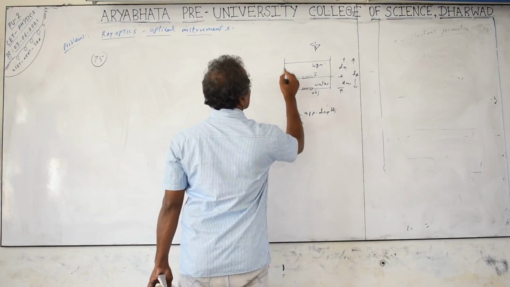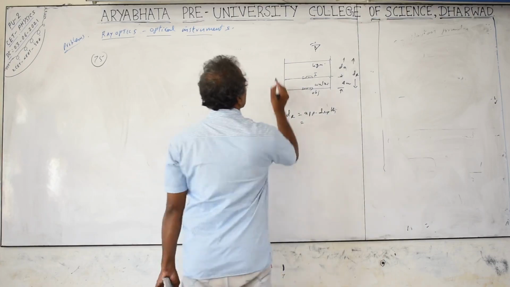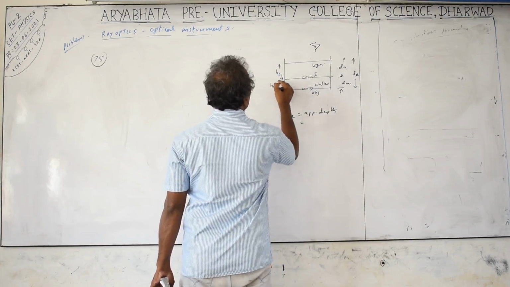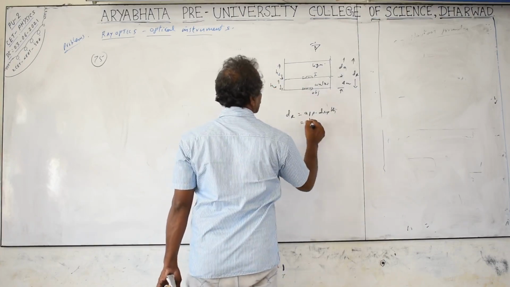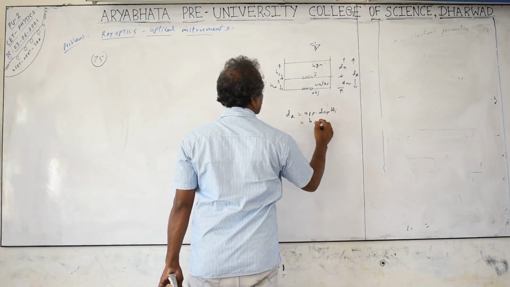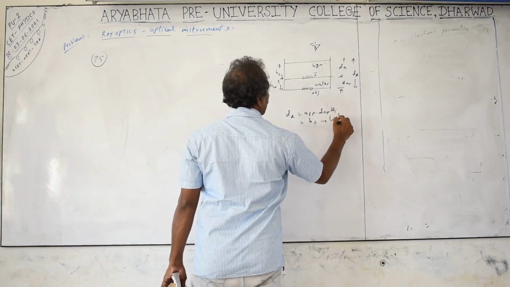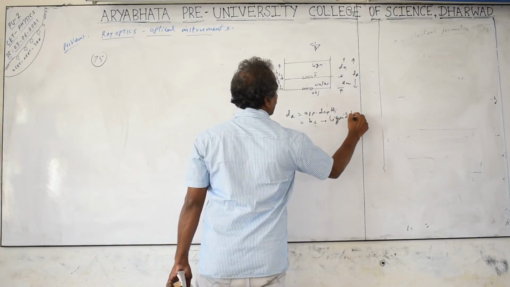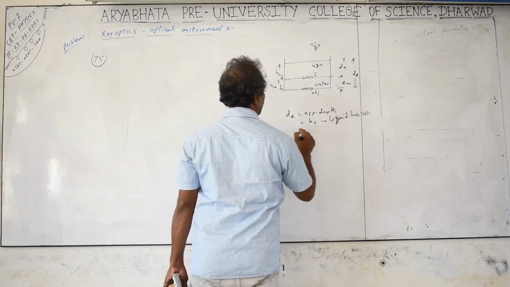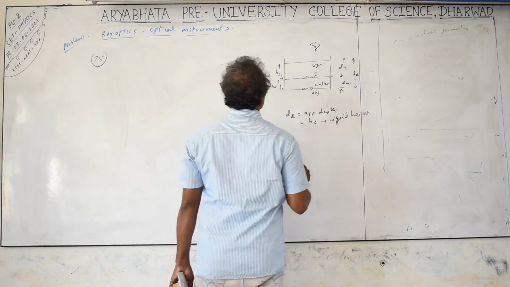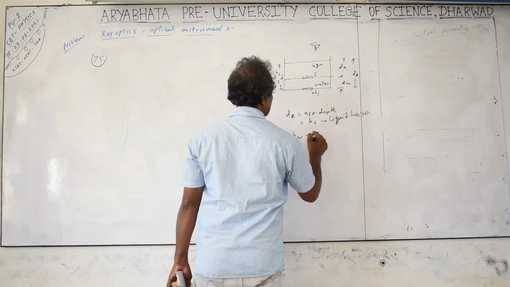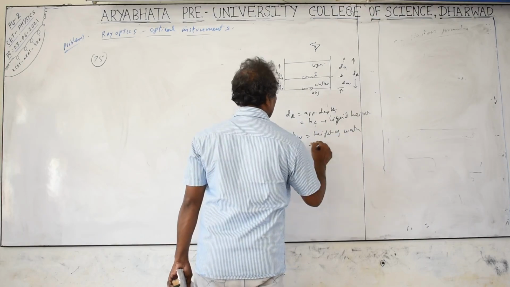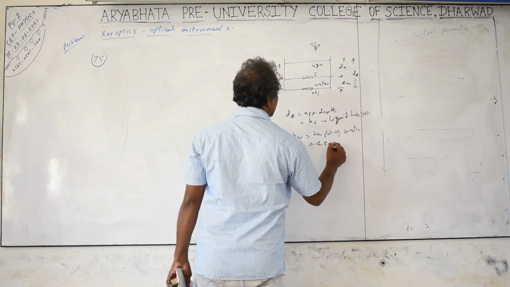What they asked is, what is the height of the liquid. HW is the height of water, which they have given as equal to 4 centimeters.